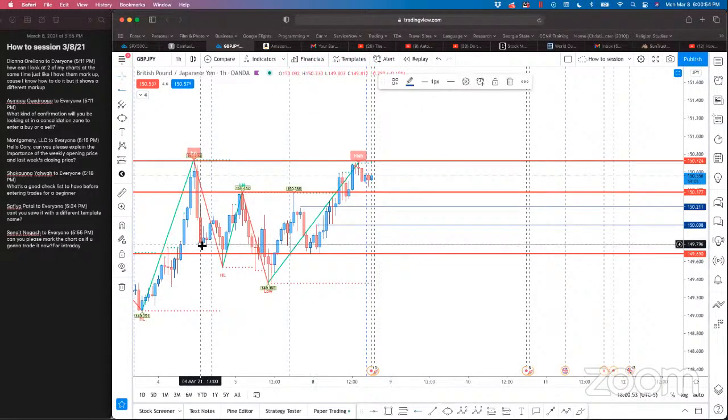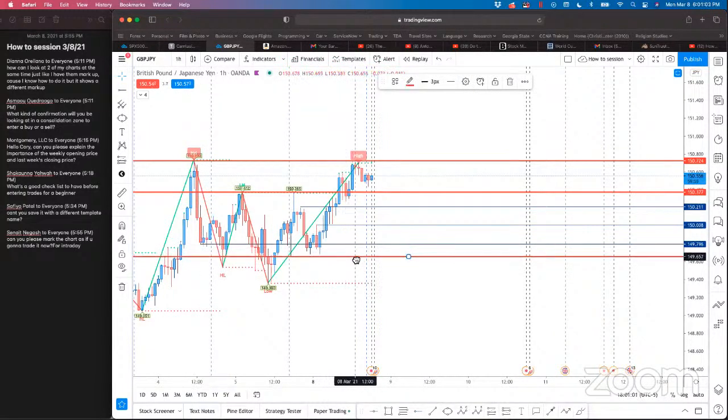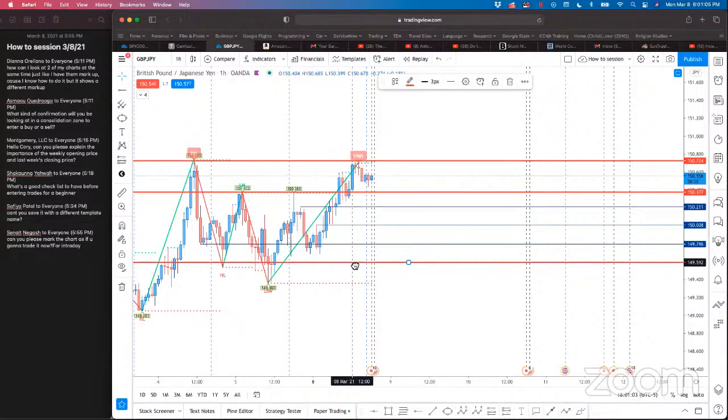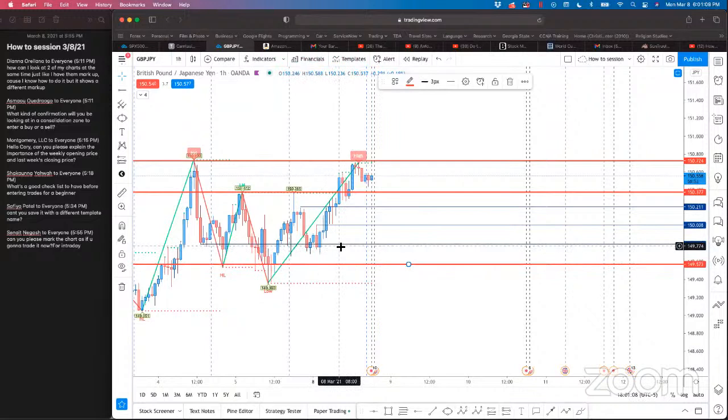There is my next rejection area right here. And then my goal would be to trade down to this area right here, right? I'll just slide you down just a little bit and make that a 4th target right here. And again, I'm seeing this rejection when I take my mouse, I go down. I can see some areas right here.